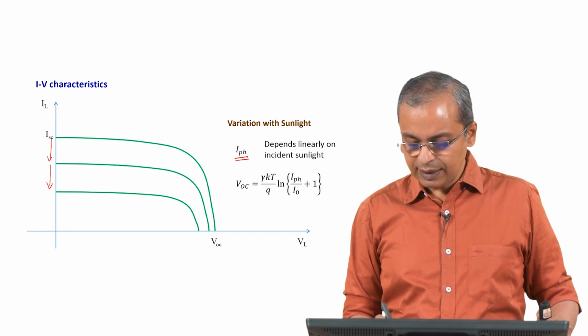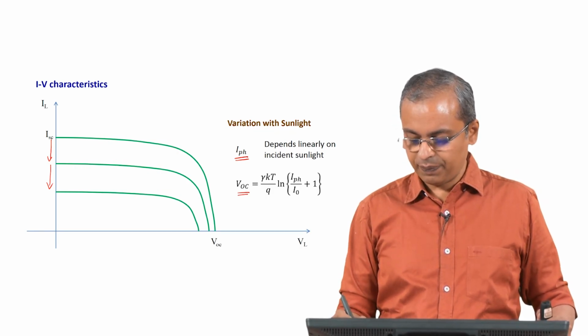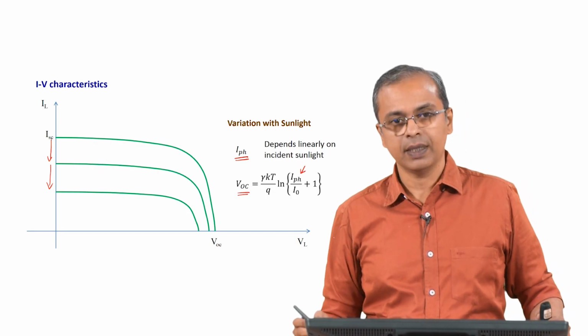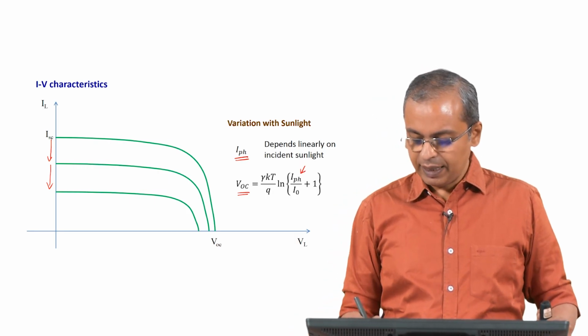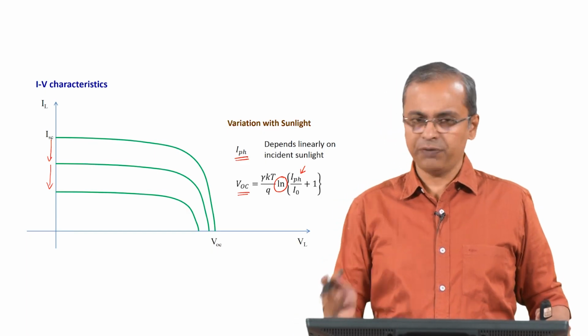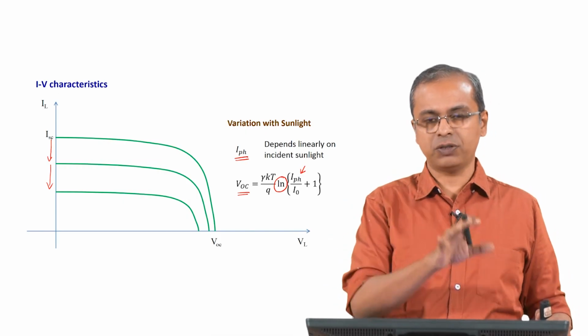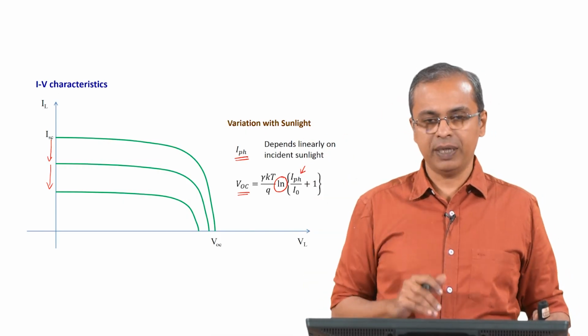But if you look at the open circuit voltage and its relationship to the photocurrent, it is a logarithmic relationship, there is a ln there. Okay. So, if you take 2.303 log, let us convert that from natural log to log to the base 10, if you keep that in mind.